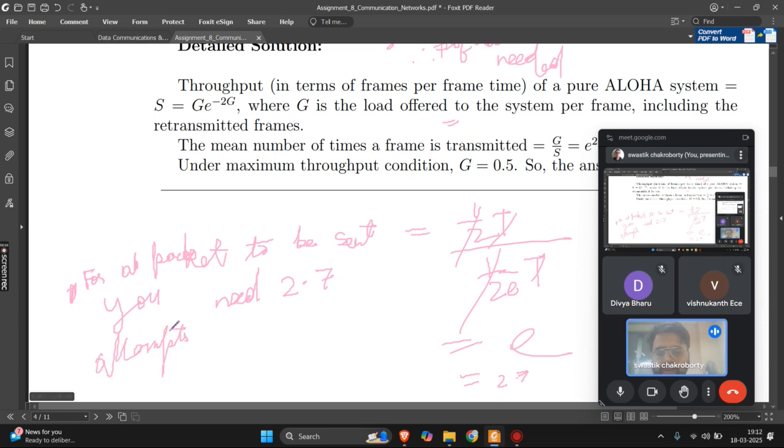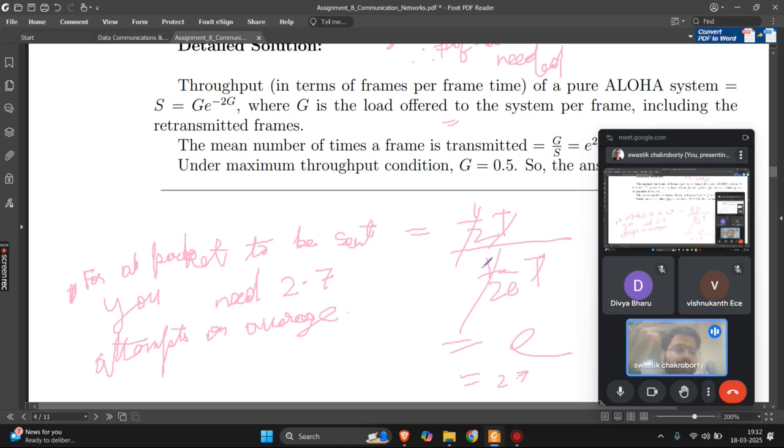Of course you cannot take 2.7 attempts, but if you average, it will come to 2.7. Sometimes it's 2, sometimes it's 3, 4, like that. But the average is 2.7 attempts. This is a completely average based calculation.